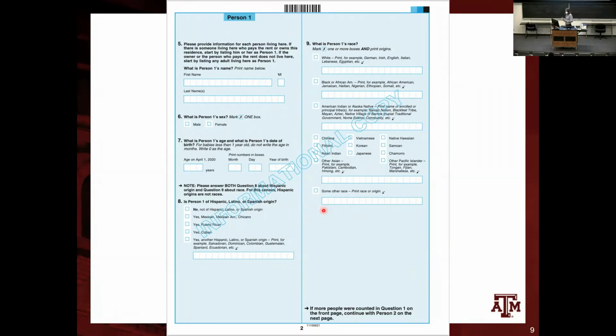They were suggesting combining them, so you'd have just one question about race ethnicity, because they realized that a lot of people who answered yes for Hispanic here would answer some other race. So this question was not being really helpful. So they wanted to combine these two questions about race ethnicity, but still allowing people to mark more than one box.